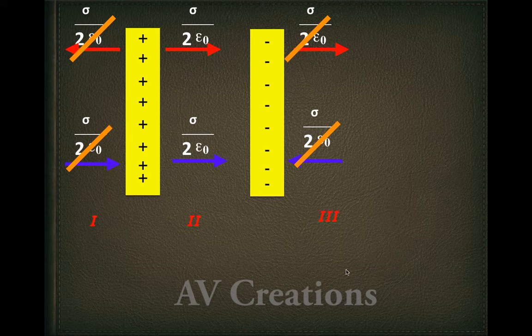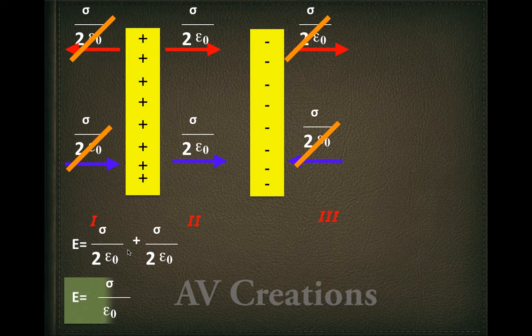Inside the capacitor there will be two electric fields in the same direction, so they will add up. So E is equal to sigma by 2 epsilon 0 plus sigma by 2 epsilon 0, which is sigma by epsilon 0. This is the expression for electric field inside a capacitor.